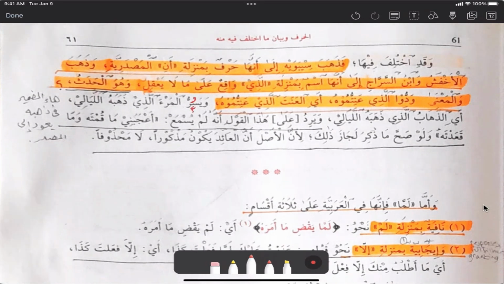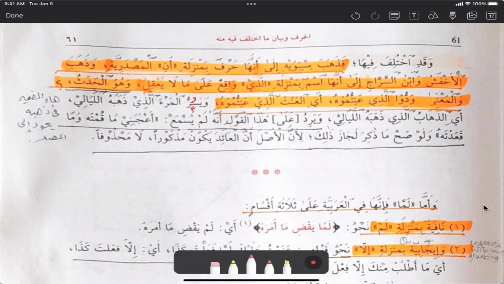ويسر المرء الذي ذهبه الليالي أي الذهاب الذي ذهبه الليالي. And the other statement, according to them, would mean it pleases the person. In Arabic, it's just, when I translate, it's not going to show up.